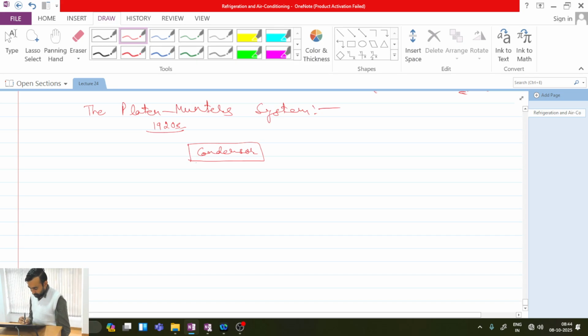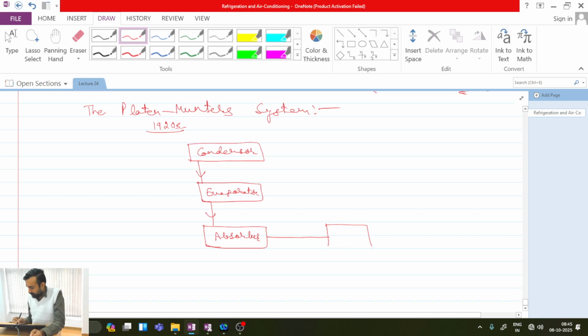Okay, so they have a condenser. From the condenser, there is no expansion device. From the condenser, fluid enters into the evaporator. Then from the evaporator it goes to the absorber. From the absorber it goes to the generator, and in the generator there is bifurcation.